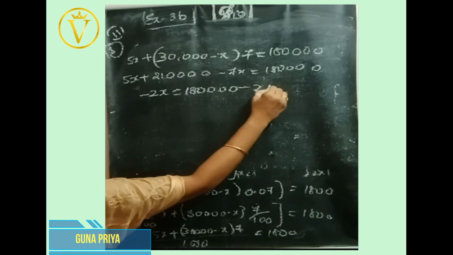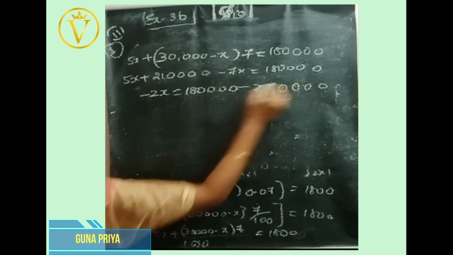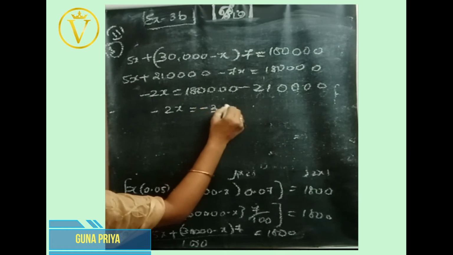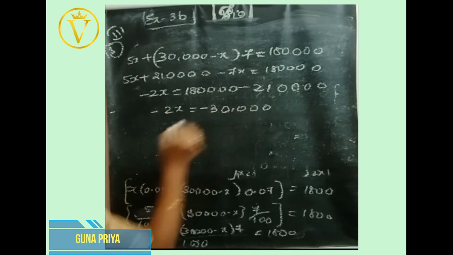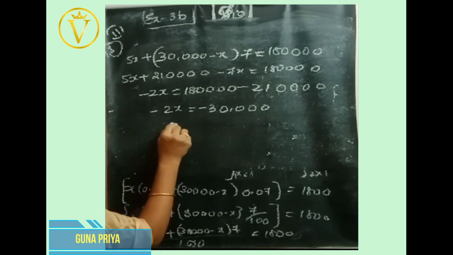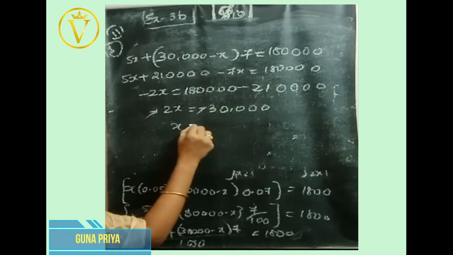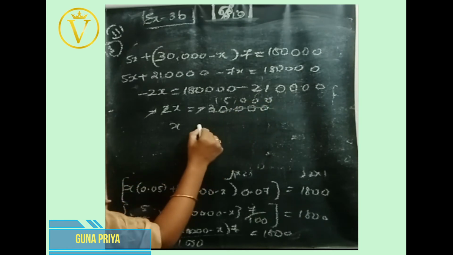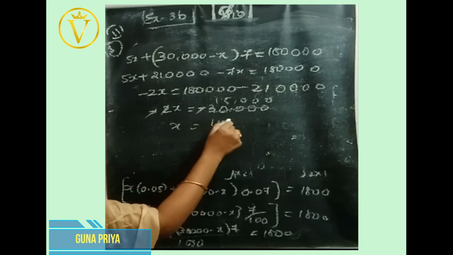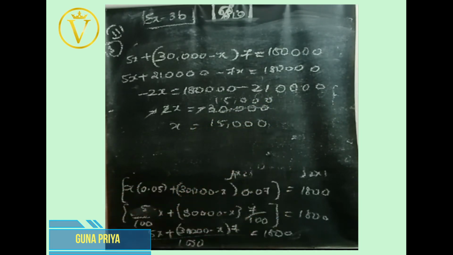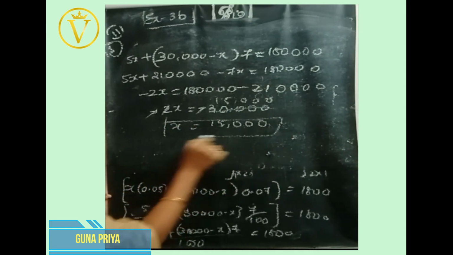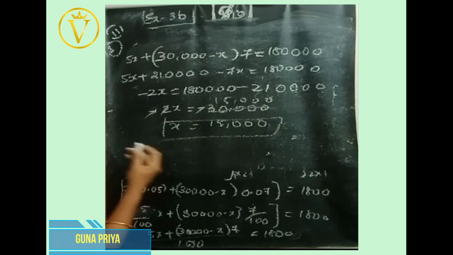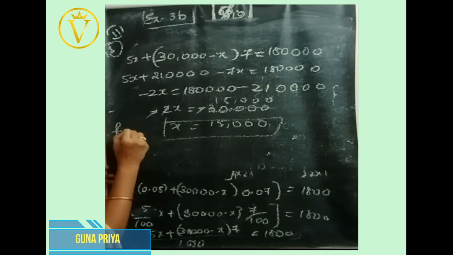Taking it to that side, minus 2x equals minus 30,000, so minus minus gets cancelled. Dividing, we get 15,000. So x is 15,000. This is the first bond.